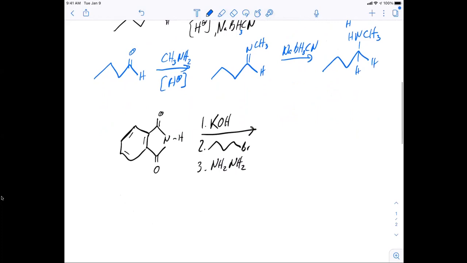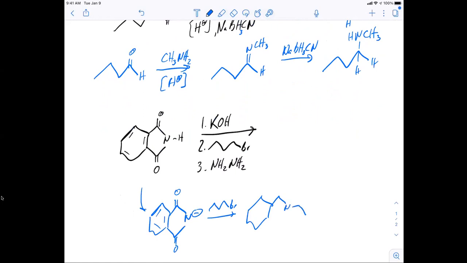And then the last one, this is the Gabriel synthesis, right? So the first thing we're going to do is abstract that proton, right? So that gives me the nitrogen negative. And then that reacts with my electrophile. Right? And then the hydrazine liberates that nitrogen.